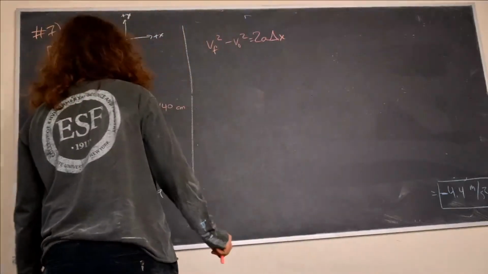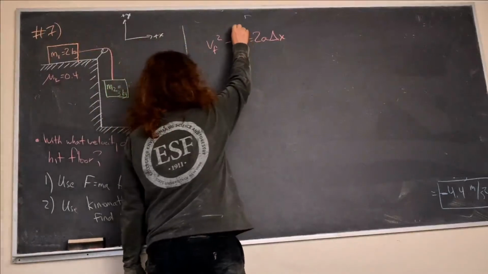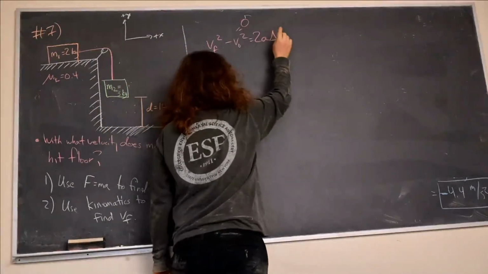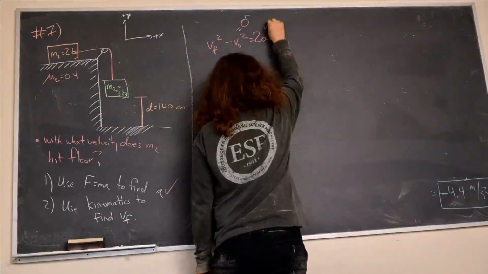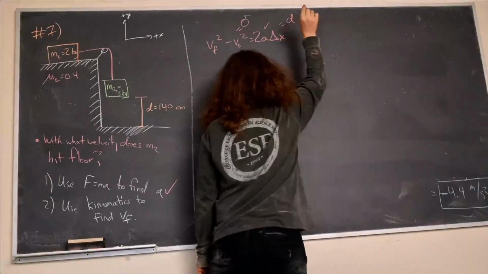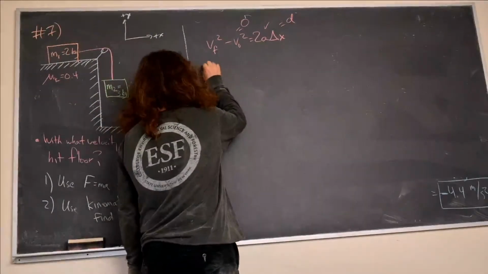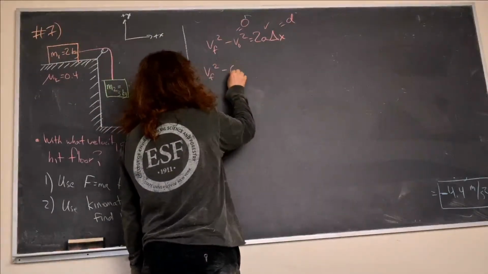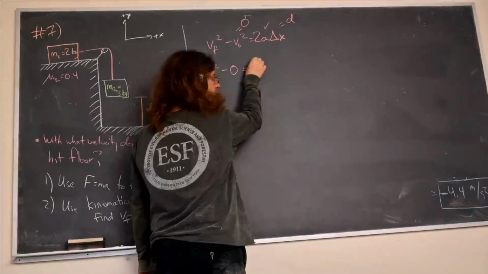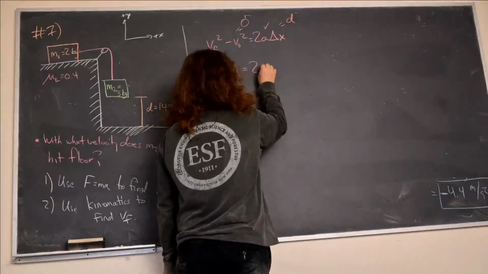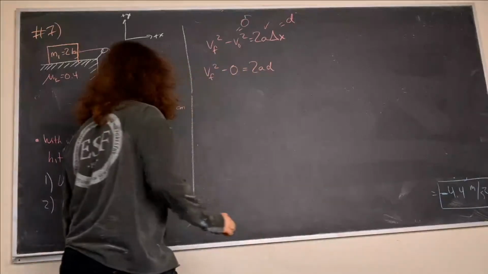So here I know the initial velocity, I know the acceleration, and I know the distance traveled, which is d. This will let me find Vf. So Vf squared minus 0 equals twice the acceleration times the distance moved.